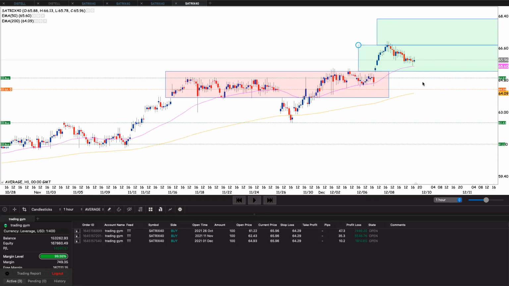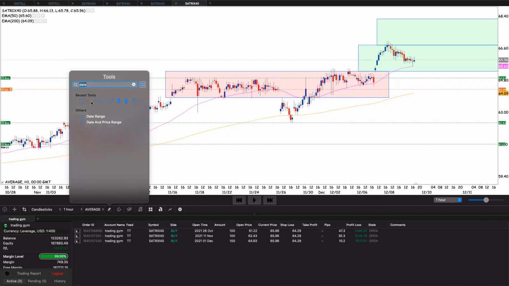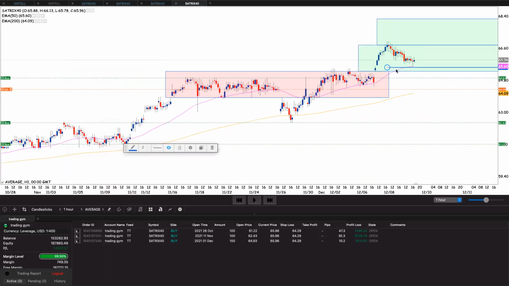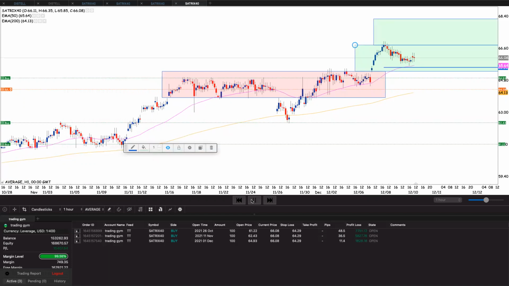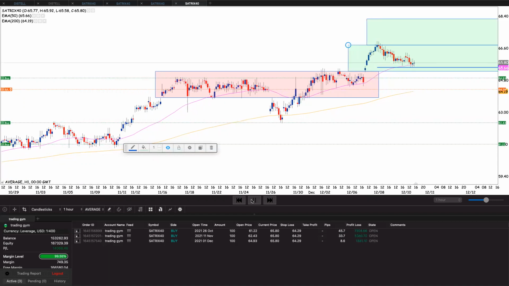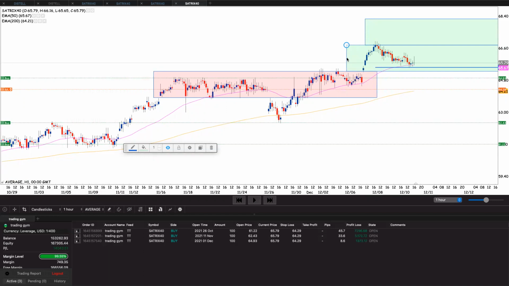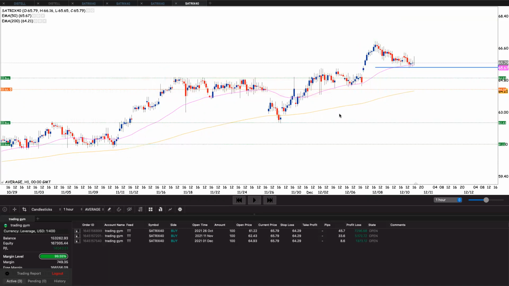Now the market is respecting again that 50-day exponential moving average. At this point, because of the price action, I no longer need the boxes. The boxes were for if it ran without a swing low, without a pullback.